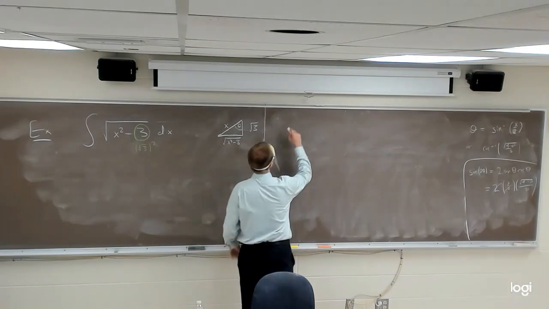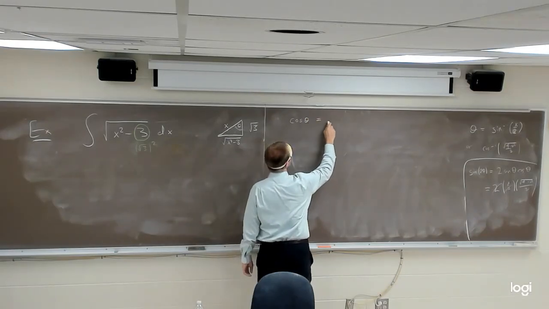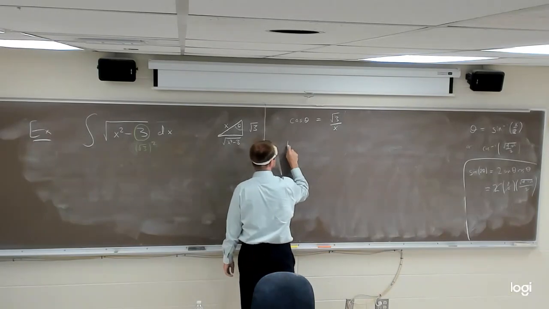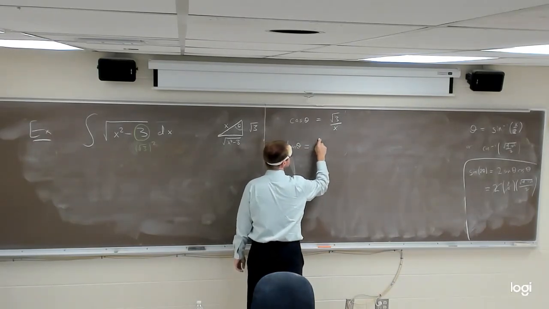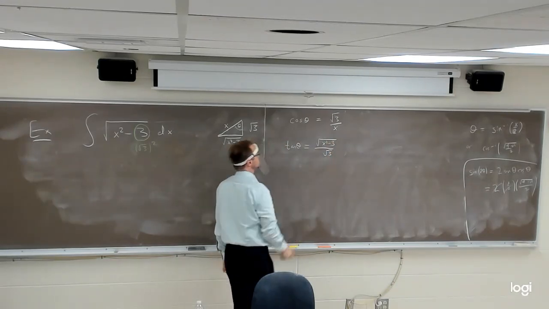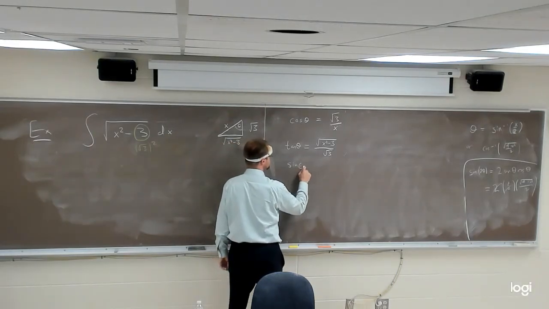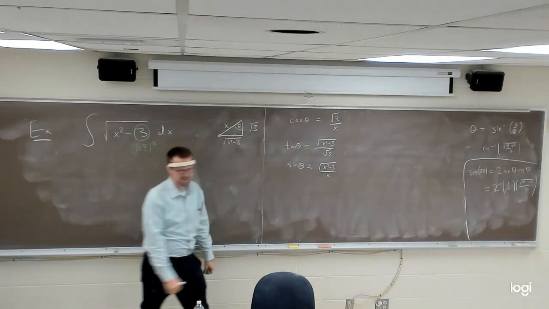All right, so if I write down, say, the sine, cosine, and tangent of theta, I can see that the cosine of theta is root 3 over x. The tangent of theta is root x squared minus 3 over root 3. The sine of theta is root x squared minus 3 over x.